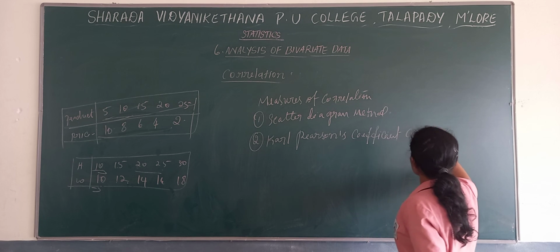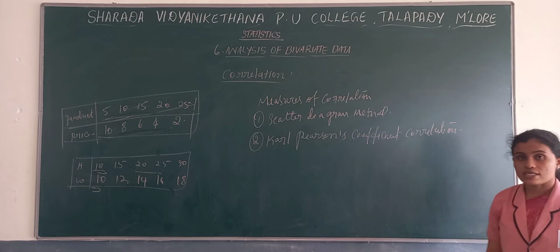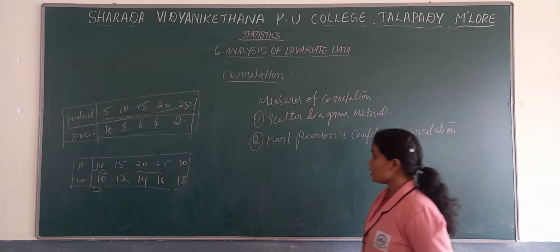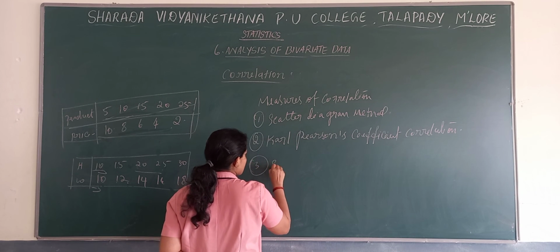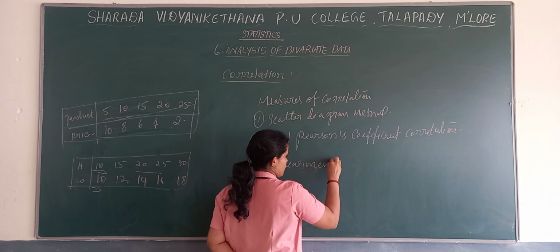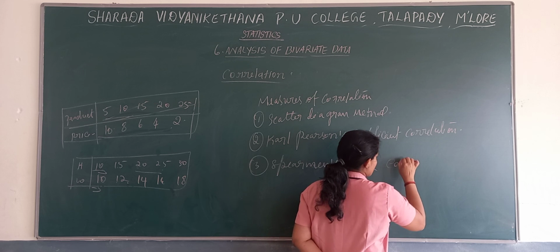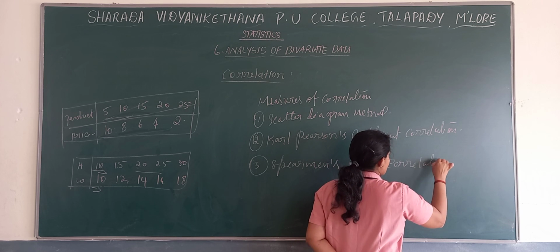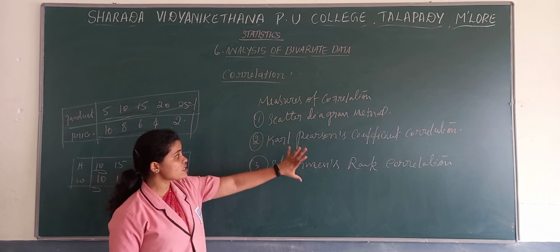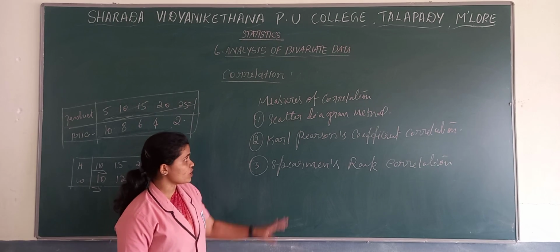In the previous chapter we discussed Karl Pearson's coefficient of skewness. Skewness is important, and Karl Pearson's correlation is also important. The third one is Spearman's rank correlation. These two are important for 5 marks: Karl Pearson's coefficient of correlation and Spearman's rank correlation.